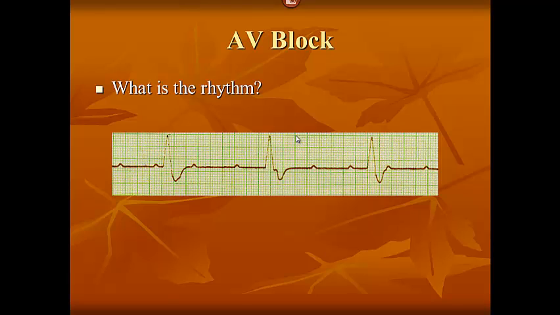Then you have the second degree AV block type 2, in which the AV node becomes completely refractory to conduction on an intermittent basis.